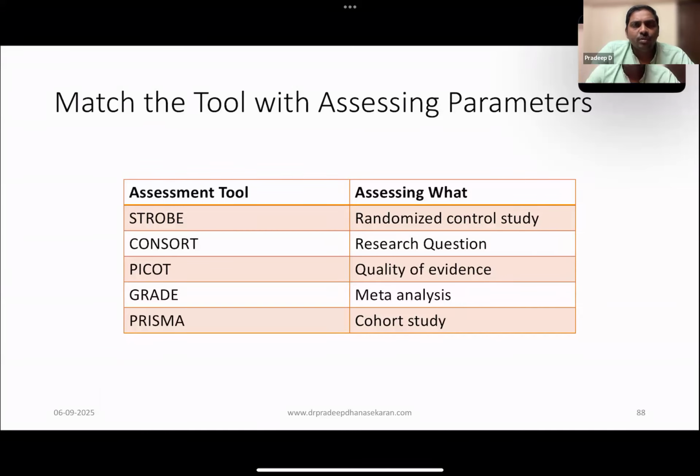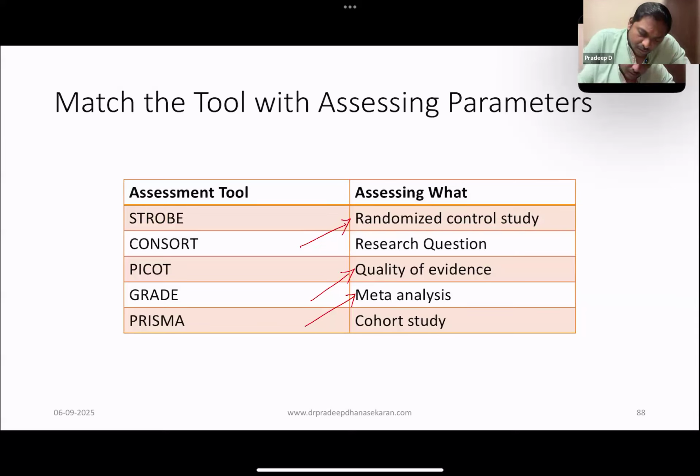You have the STROBE assessment tool, you have CONSORT guidelines, you have the PICOT framework, you have GRADE, and you have PRISMA. We all know that CONSORT is used for randomized control trial, GRADE for quality of evidence, and PRISMA for meta-analysis. These three things we all must be aware of.